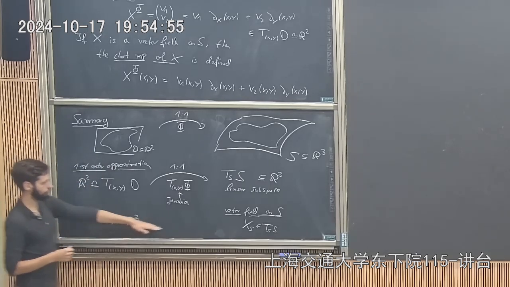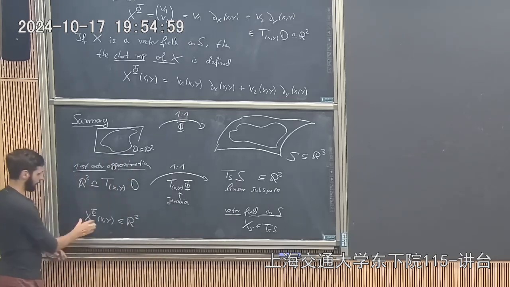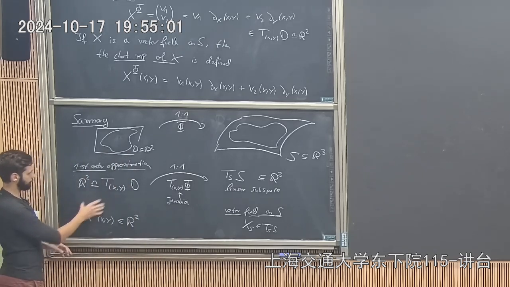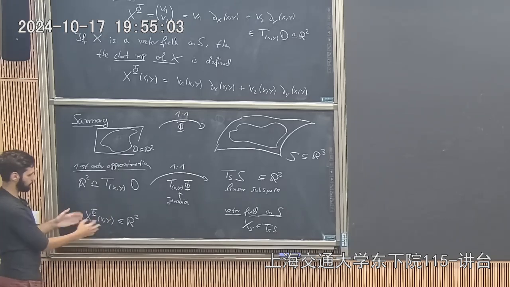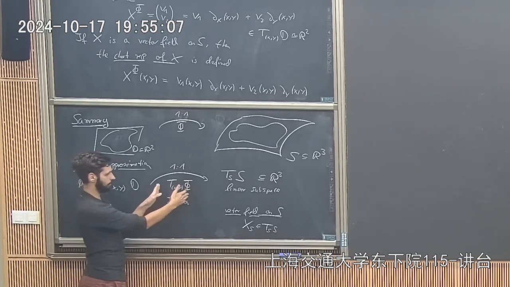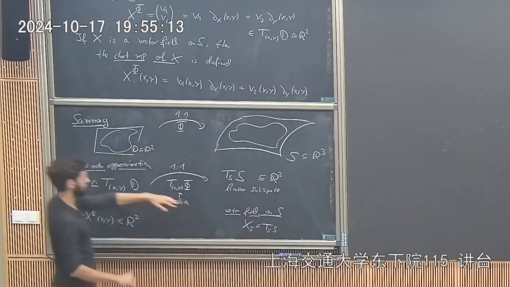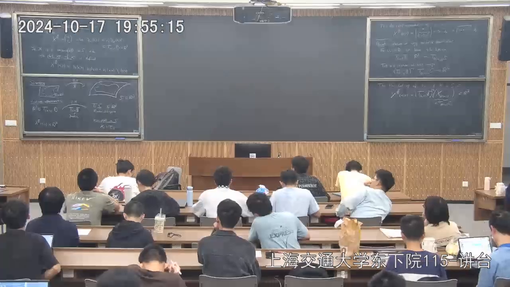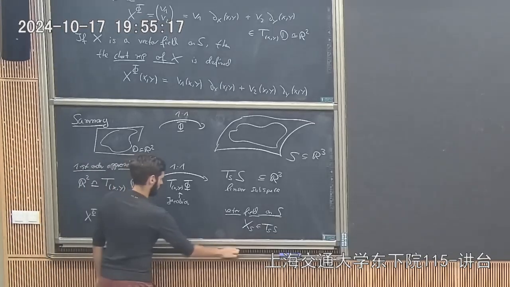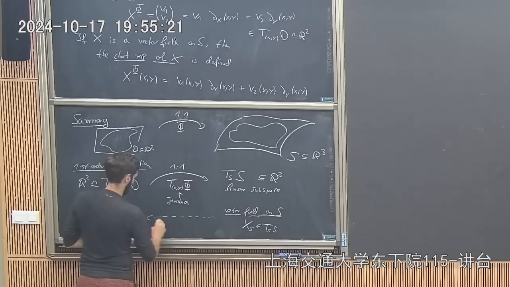So this is really how you should think of that. This X_phi, which I defined as a vector field on D, gives you, under this map, which is essentially just an identification, the original vector field on S that you had. So that's how they are connected. So you just invert this arrow.